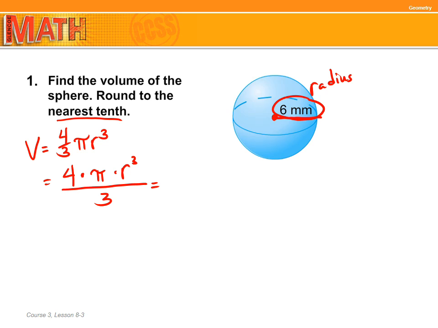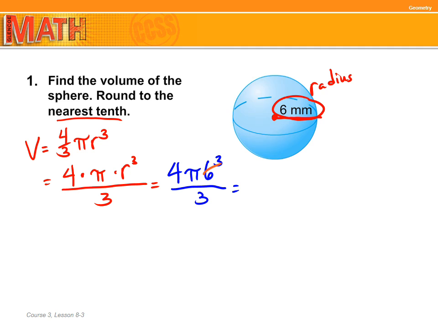So let me substitute for the radius. I have 6 to the third power divided by 3. Now 6 to the third power is 216.